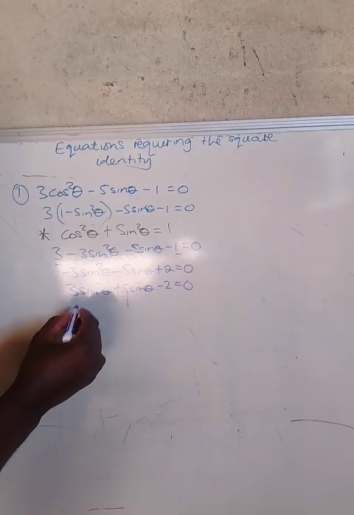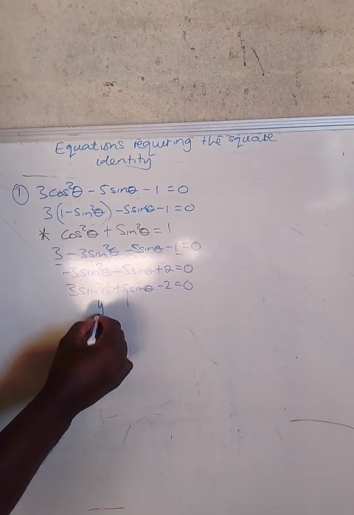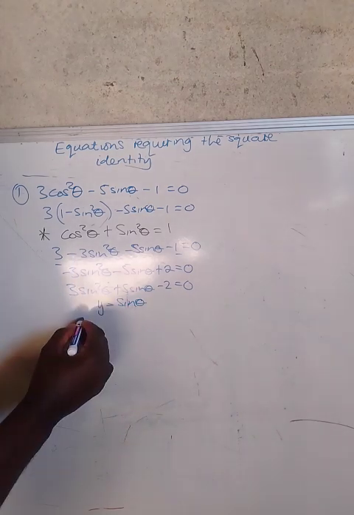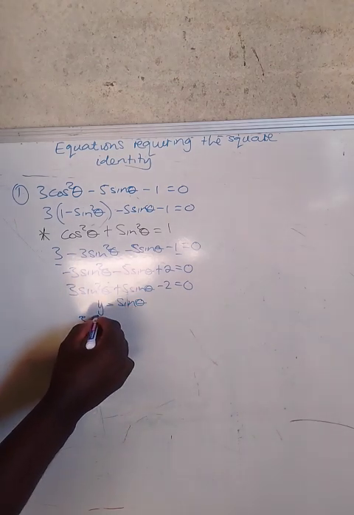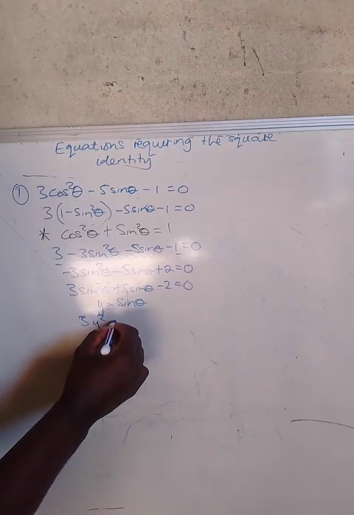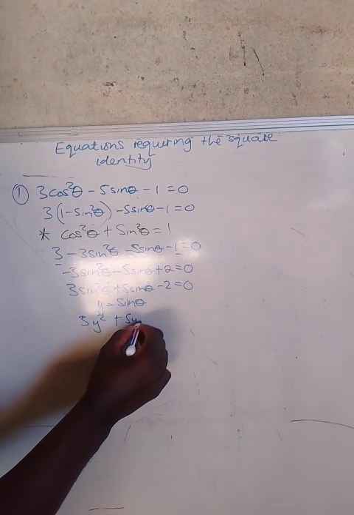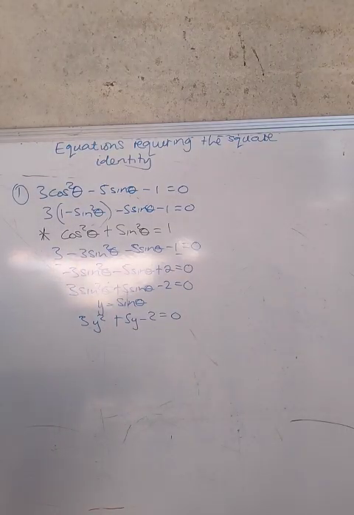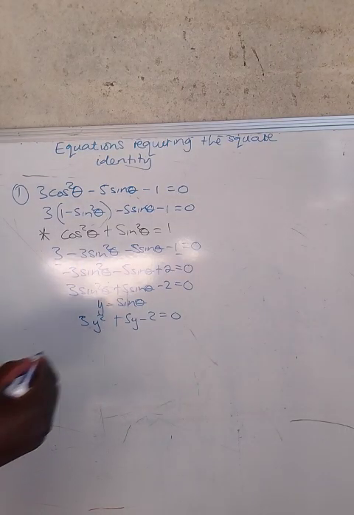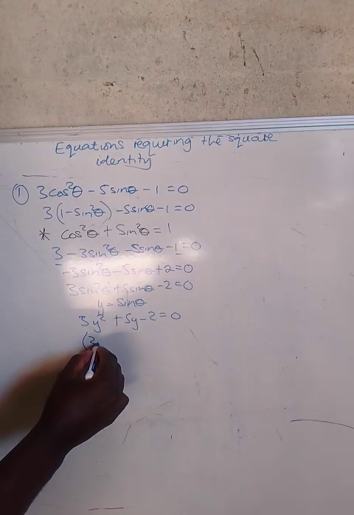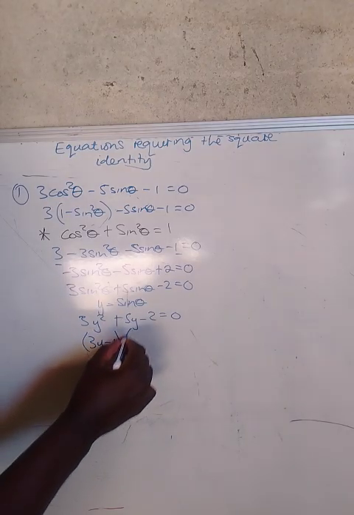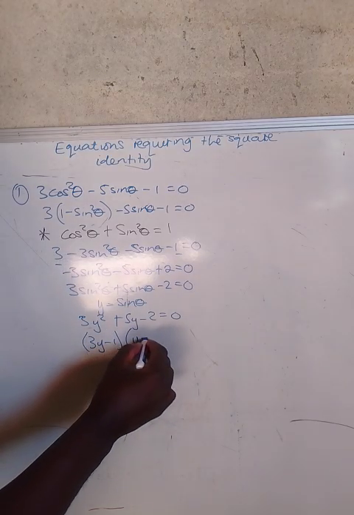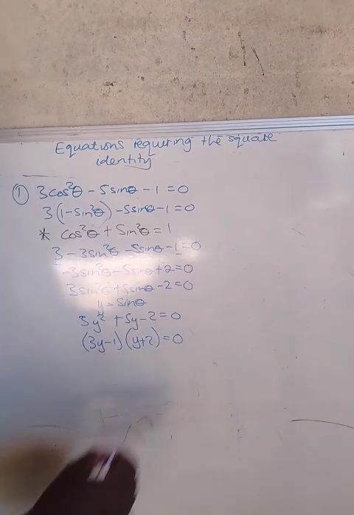You can say, let's say y is equal to sine theta. You can think of 3y squared plus 5y minus 2 is equal to 0. Then you factorize this. After factorizing, you are going to find 3y minus 1 and y plus 2 is equal to 0.